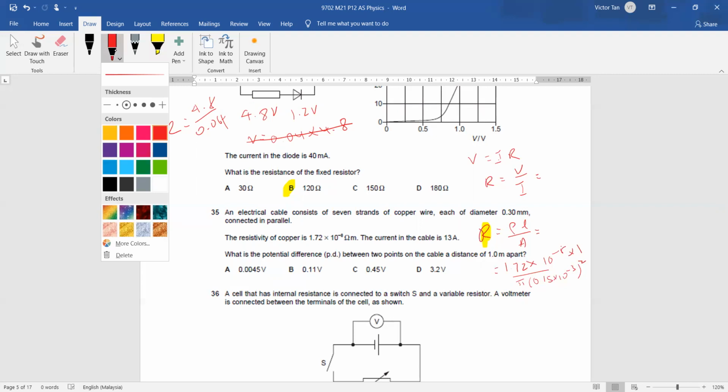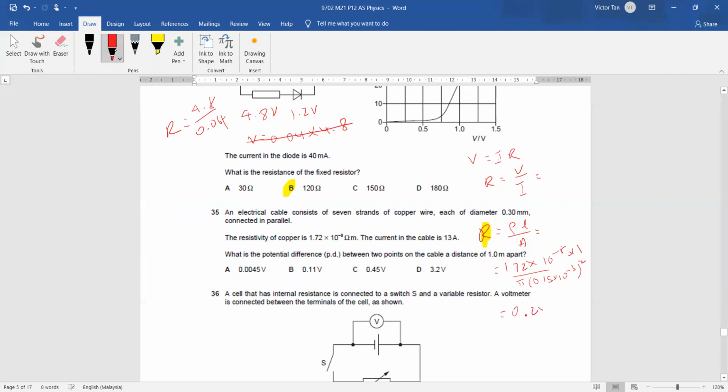So each strand will have a resistance of 0.24333 ohm.